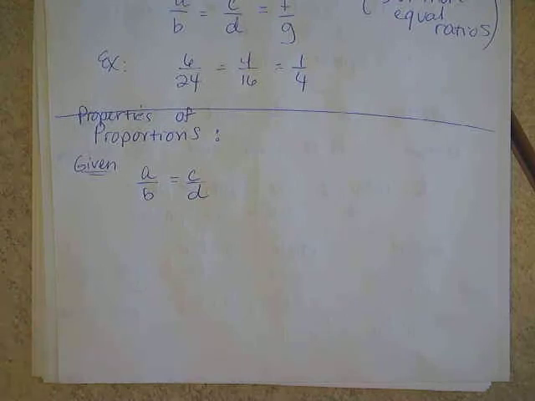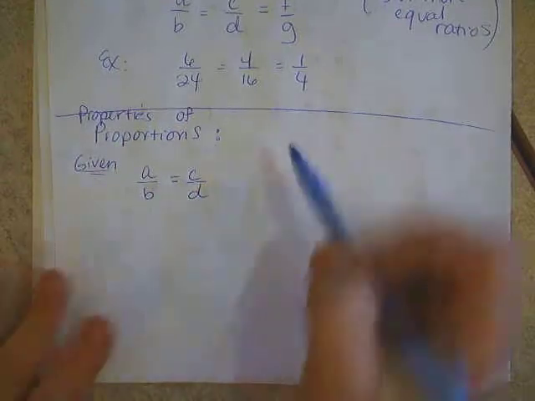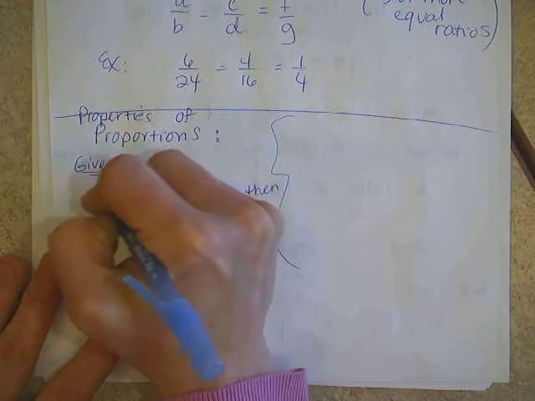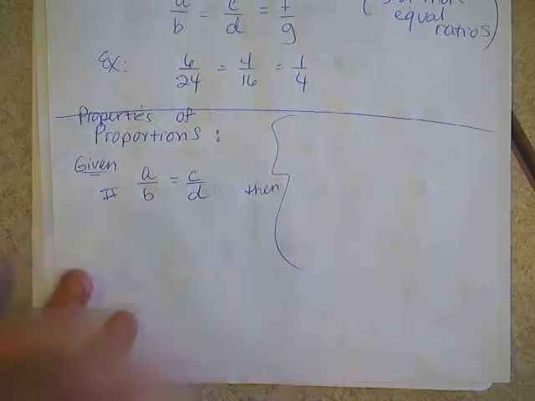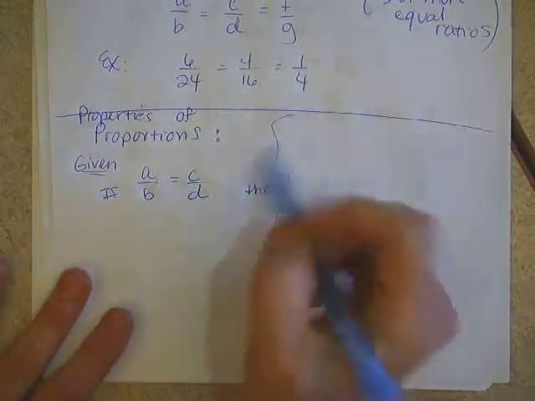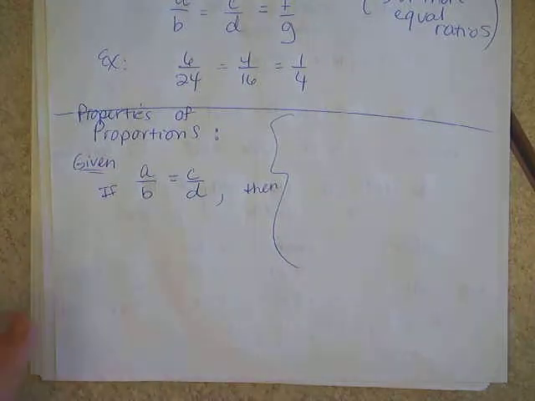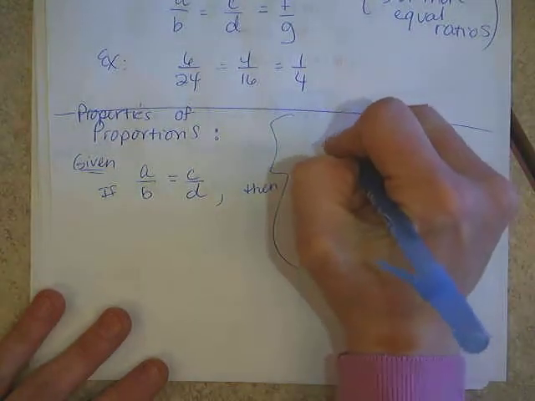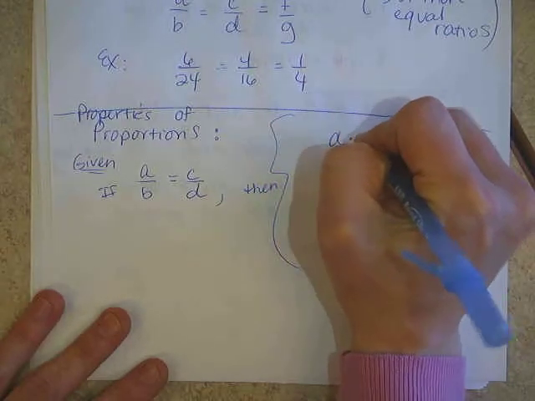But there's some other things that we know can happen as long as this is true. So it's kind of like an if-then situation. If this is a true proportion, then we have some other properties that work. Okay, the first one is one that you use quite a bit.